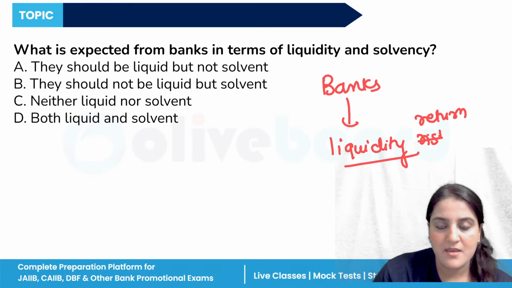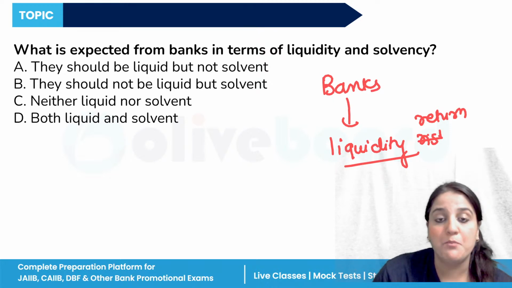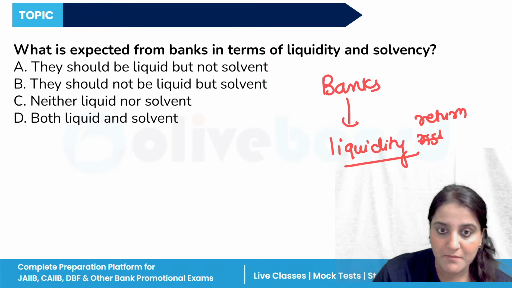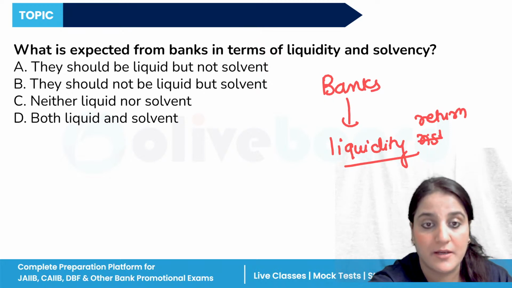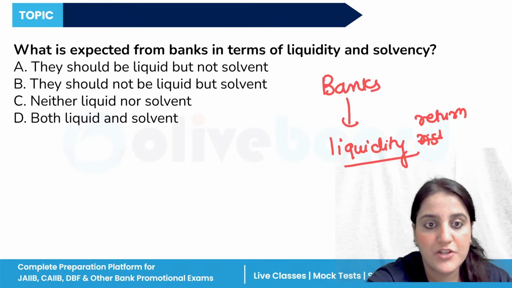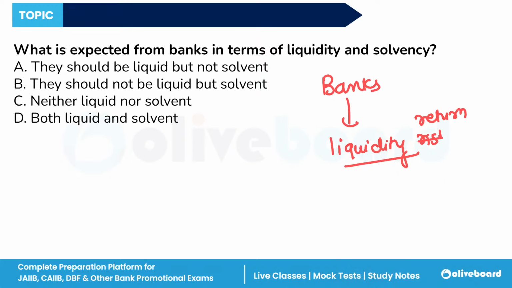So we can say banks are both liquid in the short term and solvent in the long term. So which option is correct? D option is correct. Tell me the answer according to you. Both liquid and solvent. Okay? Yes, Yogesh sir and Sureen sir. Option D.